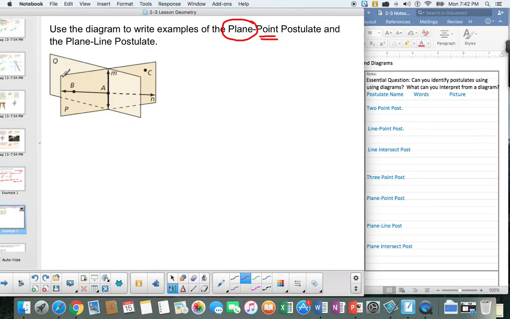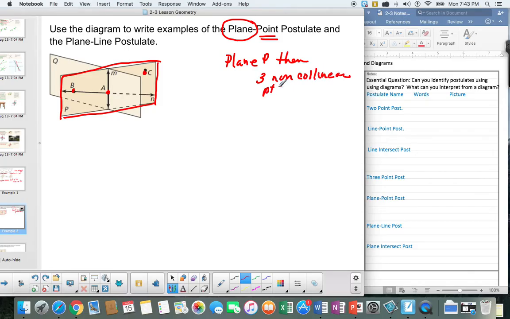Let's talk about this plane right here, plane P. For the plane point postulate, you have plane P, then you know you're going to have 3 non-collinear points. In this case, I can see B, A, and C.